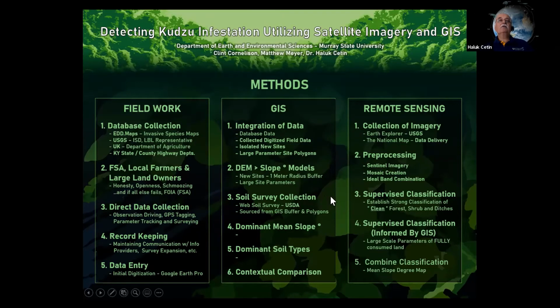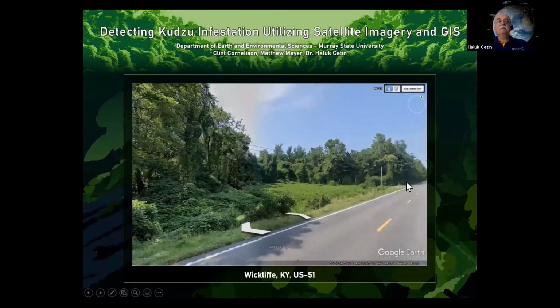In terms of remote sensed data, in addition to Landsat 8 satellite data, we used European Sentinel satellite data, which has much higher resolution and more bands.